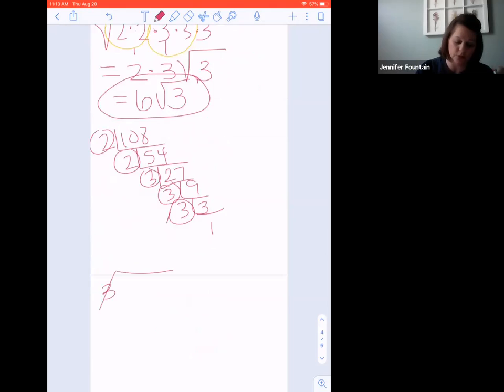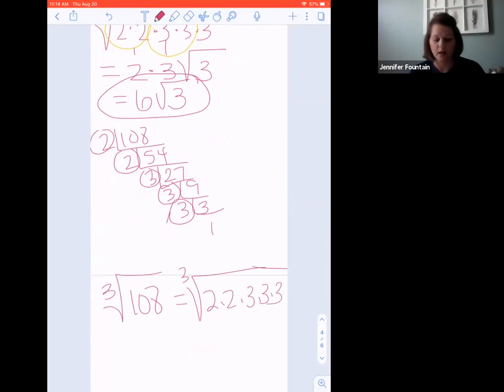The cubed root of 108, we found that our prime factorization is 2 times 2 times 3 times 3 times 3. All right, my index is 3. That means I have to have 3 of something. Well, the only thing that I have 3 of are my 3 3s.